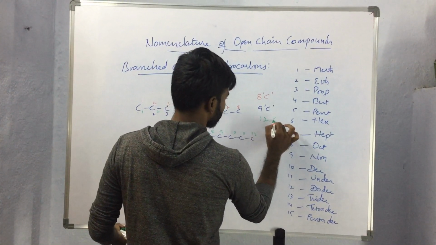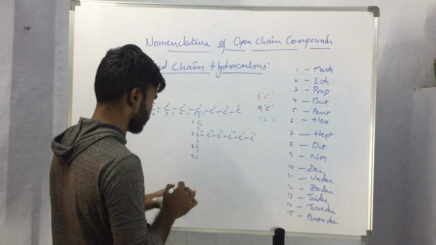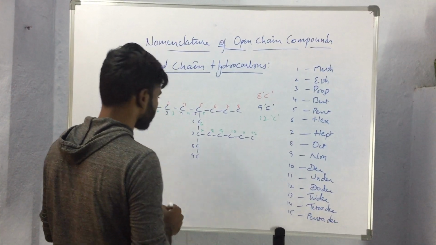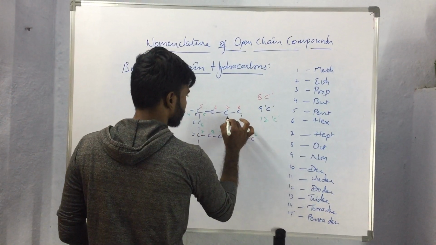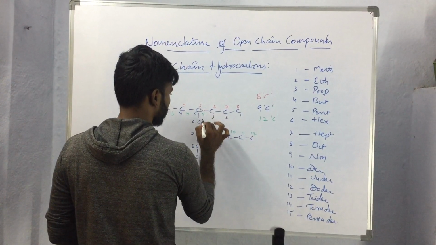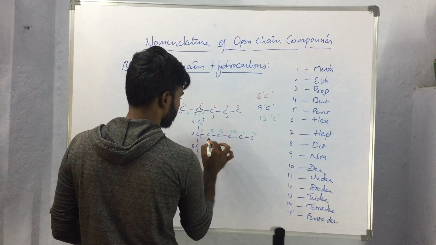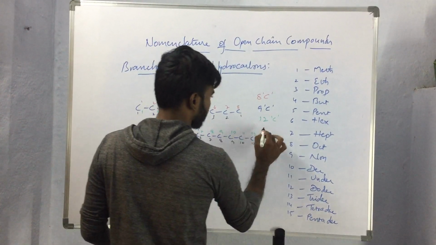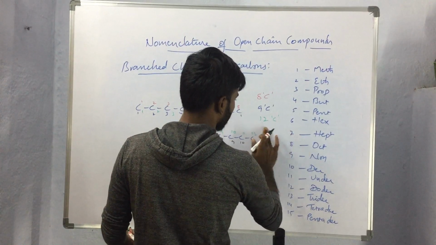One more chain contains 12 carbon atoms. One, two, three, 4 5 6 7 8 9 10 11. Another chain contains 11 carbon atoms.